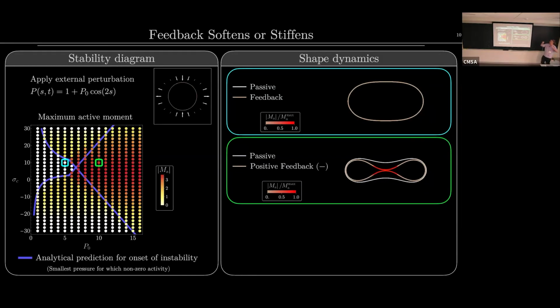So you deform it, and at some point you trigger the feedback, and then the feedback is locally softening the ring, so it keeps deforming on its own, and you get this runaway feedback mechanism where local deformation results in local activation and then more and more deformation up until some point where it stops on its own.